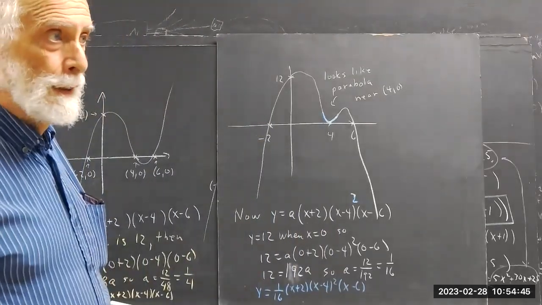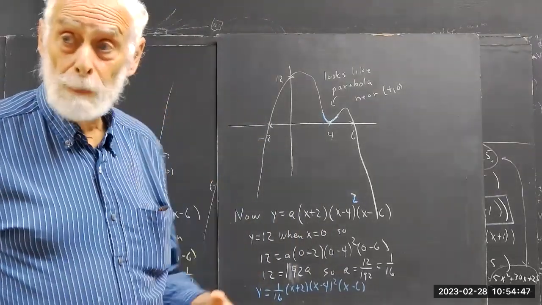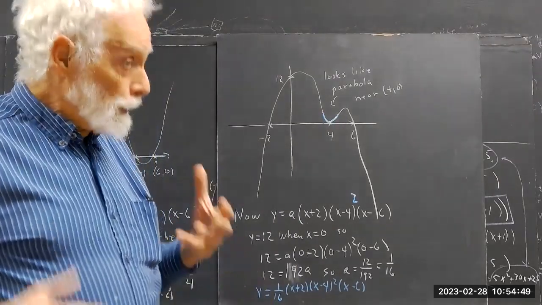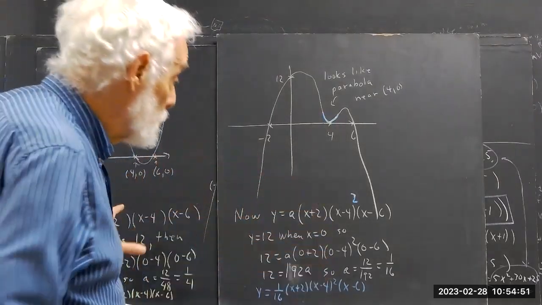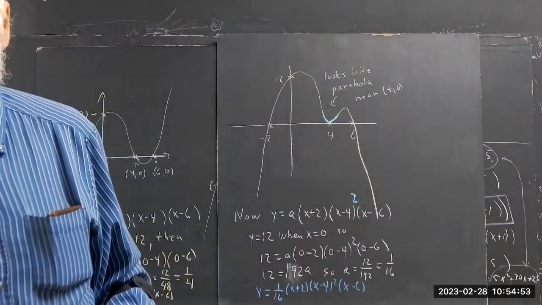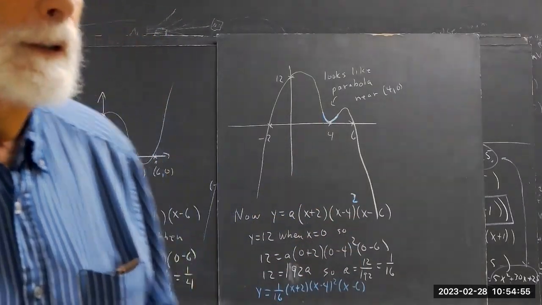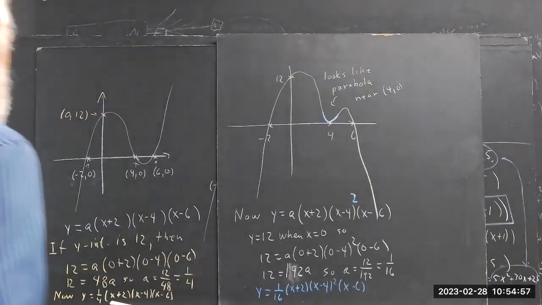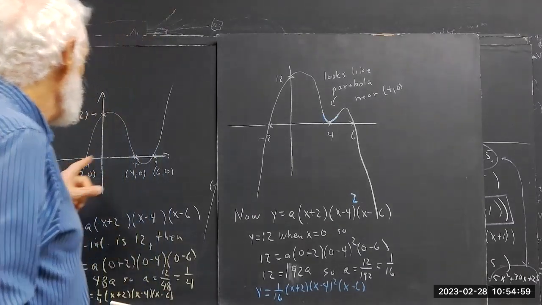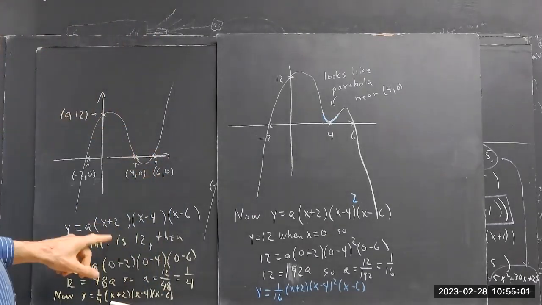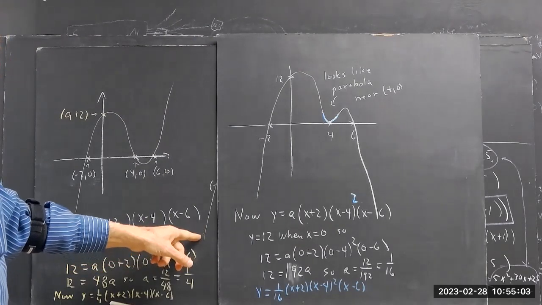It's kind of an easy method. You're not likely to remember the method unless you remember the details of why it's true. You start remembering those details by understanding how the zeros and the y-intercept are related to these factors.